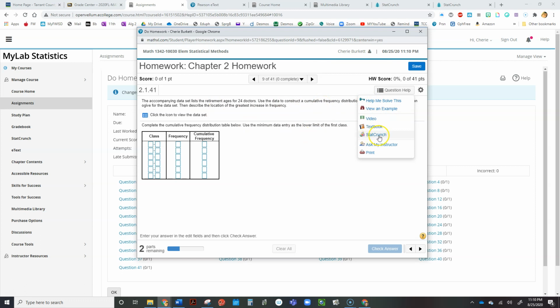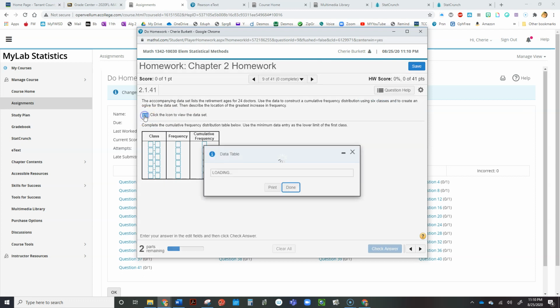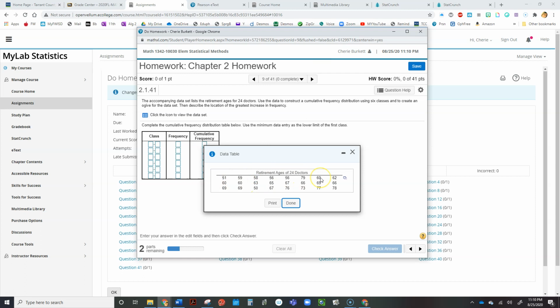But you can also get to StatCrunch right there. When it has this little icon right here, you click on that and your data set loads. Okay, so there's your data set. If you click right here, you can either go to just a clipboard, copy and paste it. You can open it in Excel, or you can open it in StatCrunch.